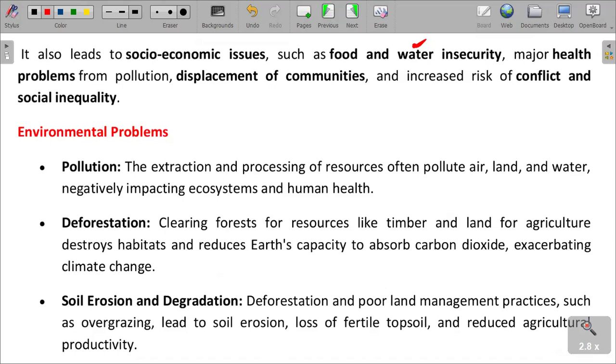People are relocated, forced to move and migrate, and this increases the risk of conflict and social inequality. Social inequality results from poverty. Poverty causes people to always have conflict, to fight because of social inequalities. The gaps between the rich and the poor continuously grow.